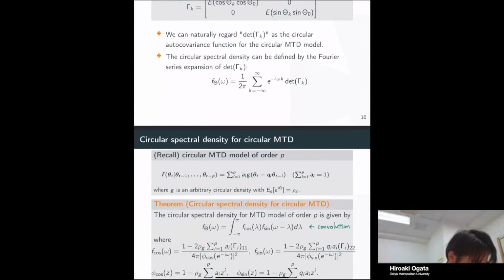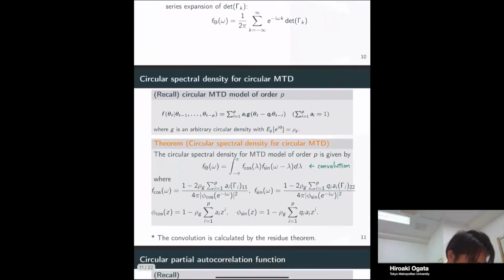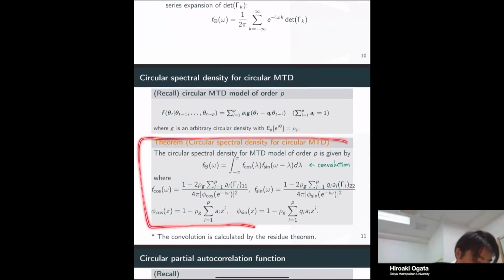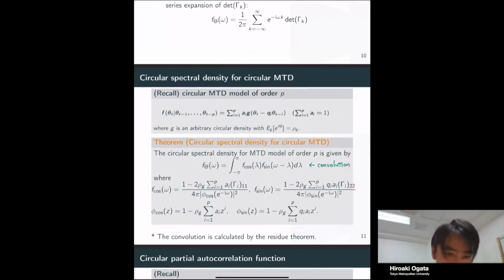So for this circular mixture transition density model, we calculate this circular spectral density like this. This is our second result. The expression is a little bit complex.